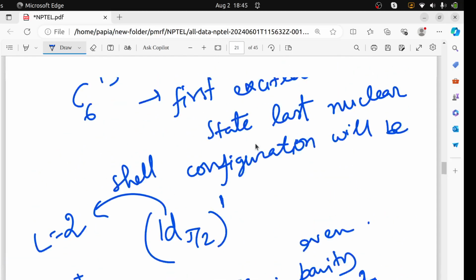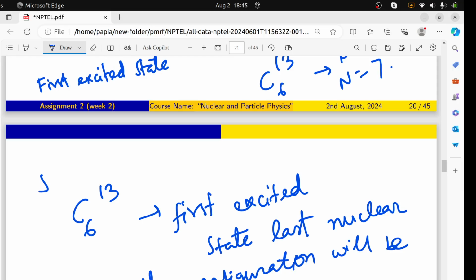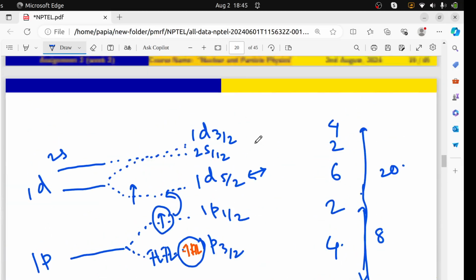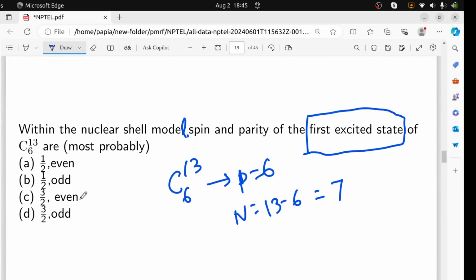Actually the spin parity we can write in this notation, J pi. So the spin parity can be written as 5/2 plus. Okay, so this is the compact notation for simplification. Yeah, so actually here there is no 5/2, so this is not the correct option.